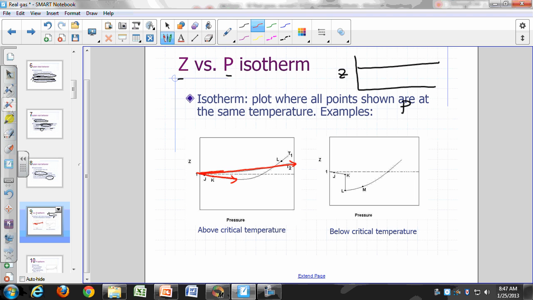Now, at even lower temperatures, it will dip, and then suddenly at a certain pressure, you can see a drastic drop in the value of Z, and then you have that rise back up to Z greater than 1 at very high pressures. Let's see what those mean.